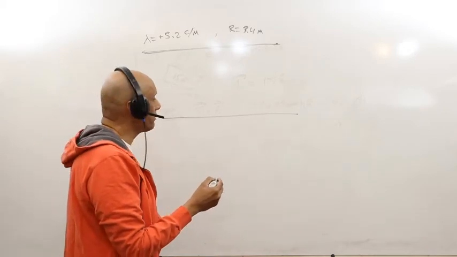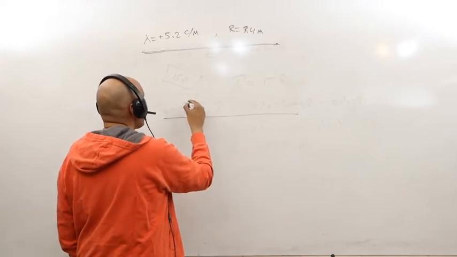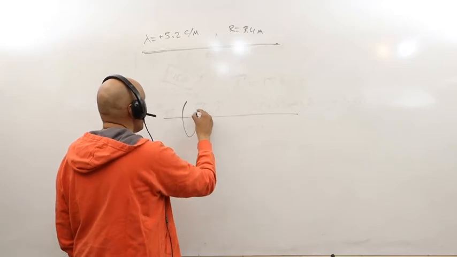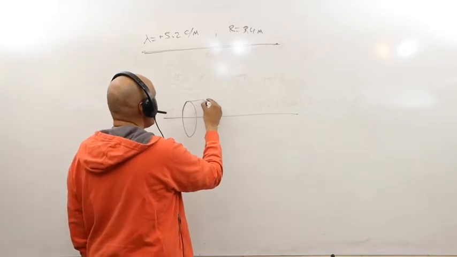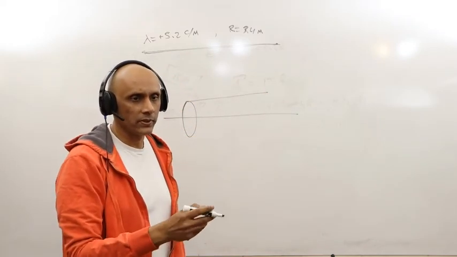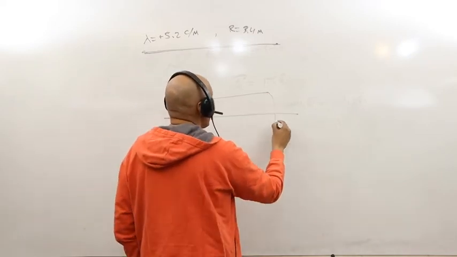The idea behind it is that we're calculating the electric flux. So we create a Gaussian surface. The Gaussian surface is going to be a Gaussian cylinder. Remember, a Gaussian surface just means it's a closed surface, some kind of closed volume of space. So here is our Gaussian surface.